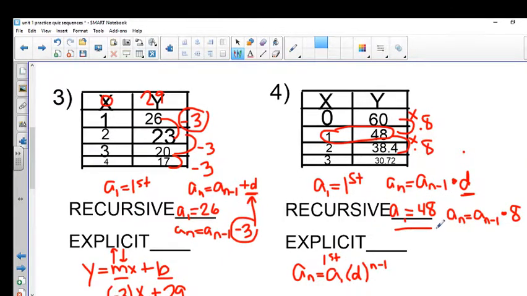So we got our first term, A_1, so that was 48. We got our D term. Our D term was this one here, right? So we put 8, N minus 1. I don't think you have to simplify that. So that's basically what we're looking at. Okay?